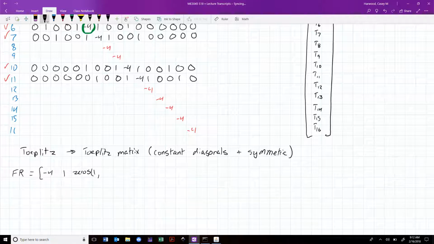If we want to move over nx, going 1, 2, 3, it's going to be nx minus 2. Then 1, and then zeros, the total number of elements minus the number we've already entered.